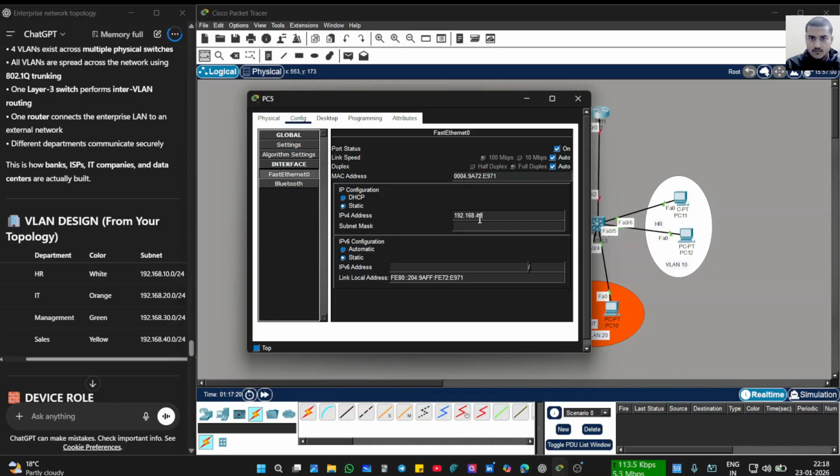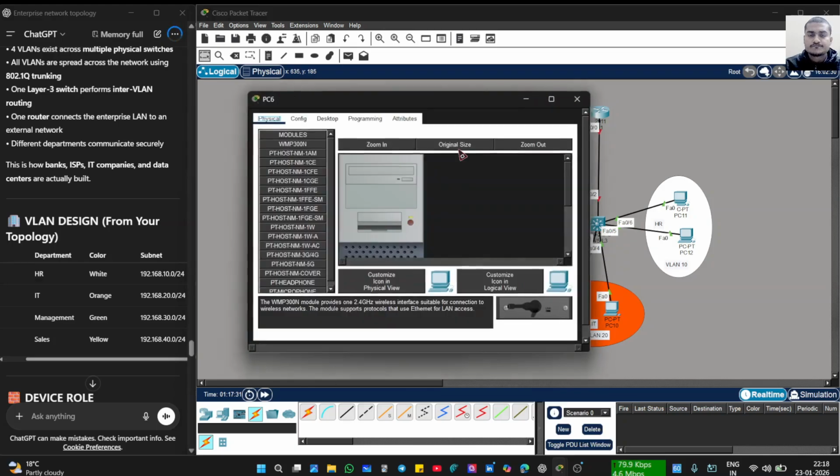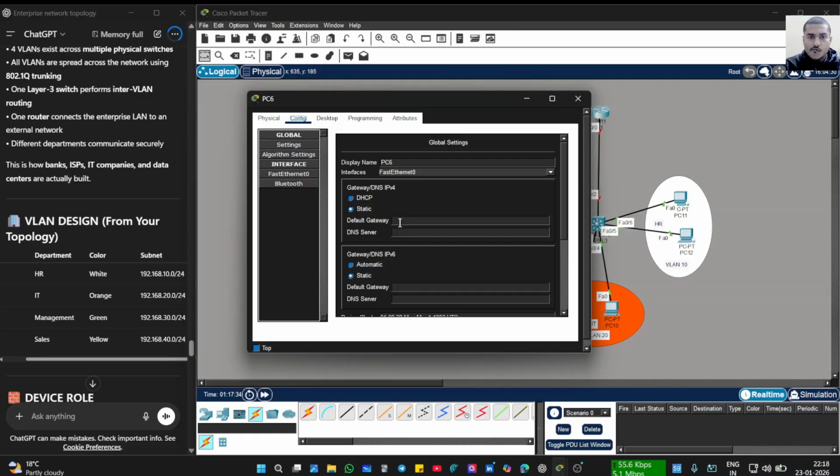Okay, as per same, continue with 192.168.40.1. What's wrong with this? I think it was a comma instead of a dot. 192.168.40.1, nothing is going to go wrong.